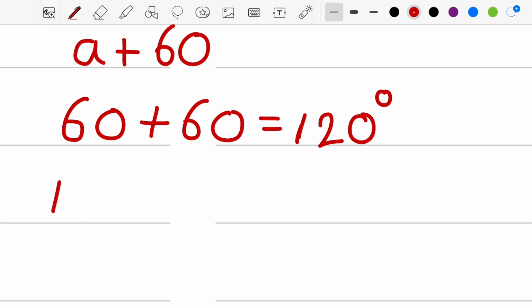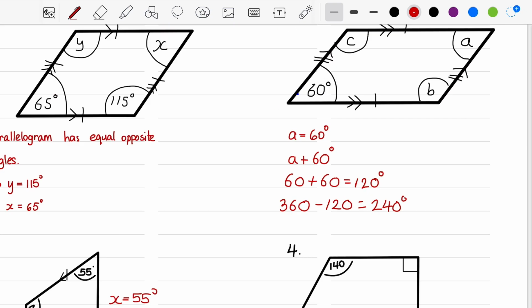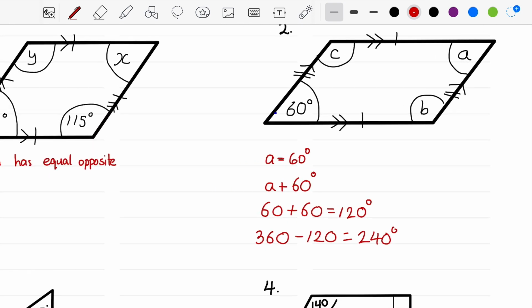So 360 take away the other two angles will give us 240 degrees, right? So we know that B and C will sum to 240 degrees.